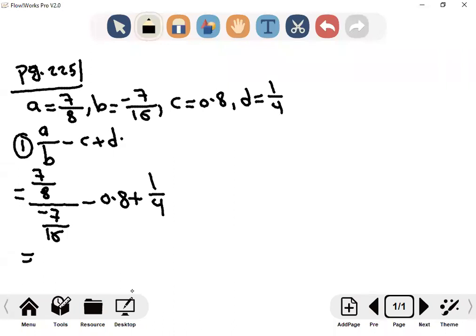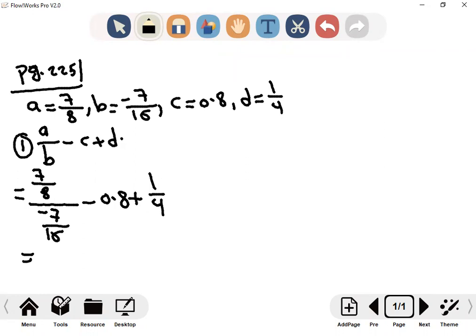How do we do division of fractions? We do reciprocal.